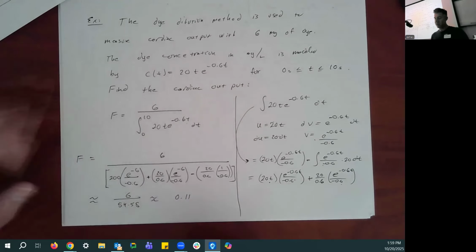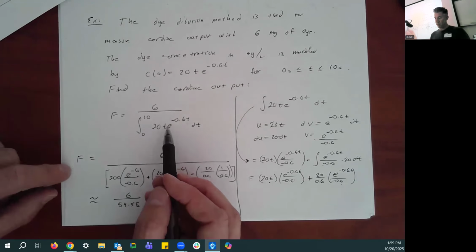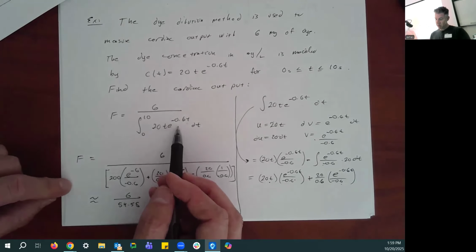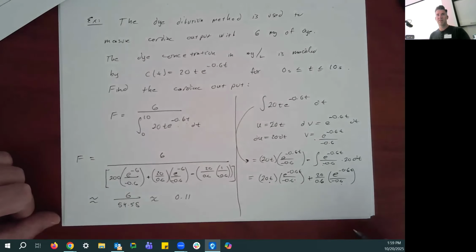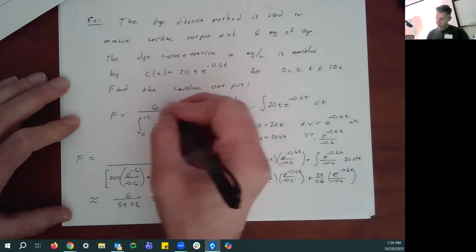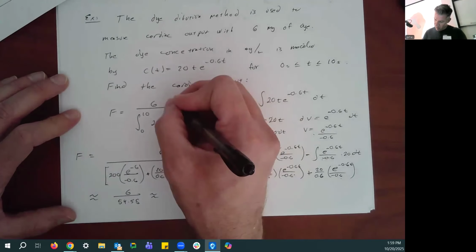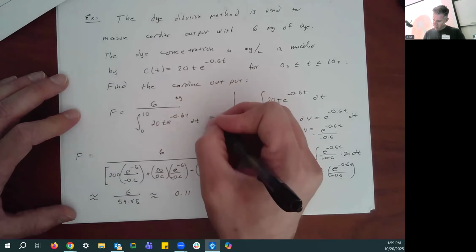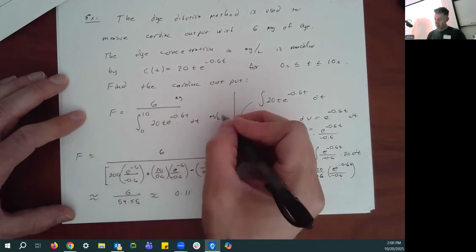What are our units? The dye concentration was milligrams per liter, and this 6 up here was 6 milligrams. We have milligrams here, milligrams per liter here, but then when you integrate, you multiply by time.